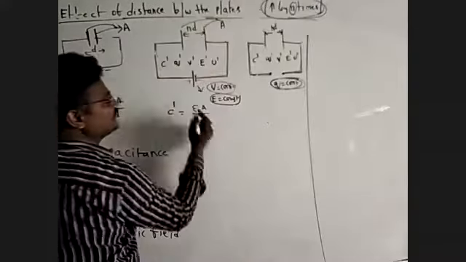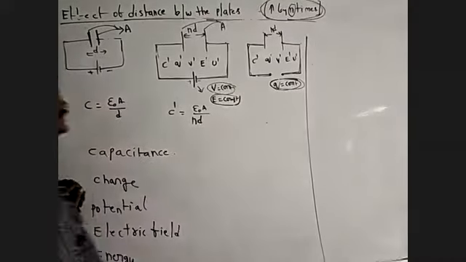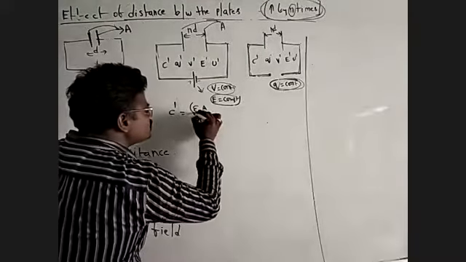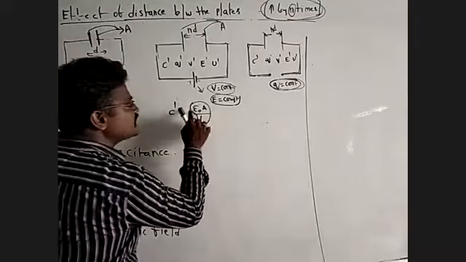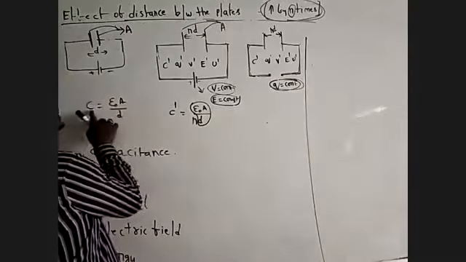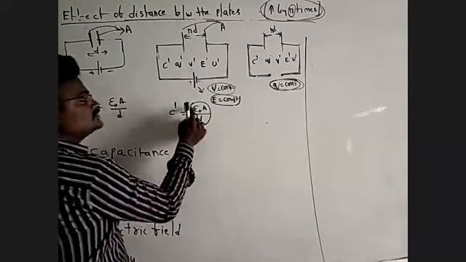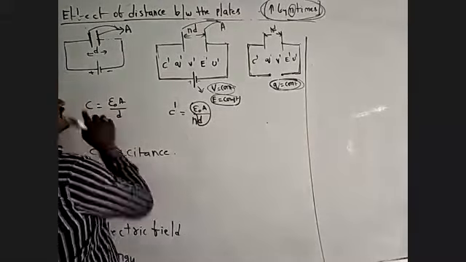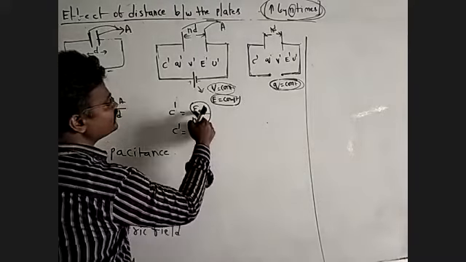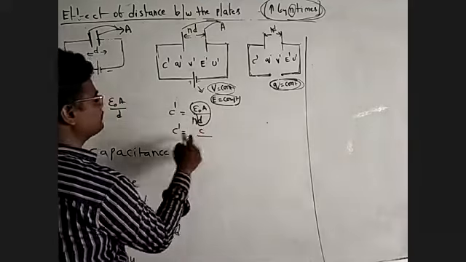The distance between the two plates is n into D. So epsilon naught A by D means C. C dash is equal to epsilon naught A by nD, which means C by n.